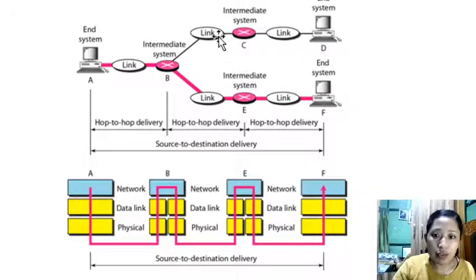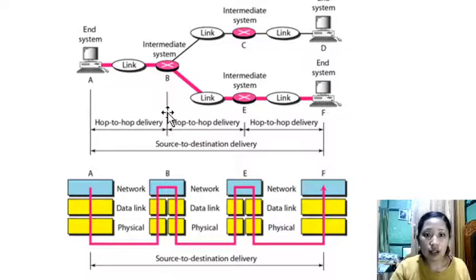Similarly, within this network the physical addresses of B and C will be unique, and within this network the physical addresses of C and D will be unique. But the physical address cannot be unique globally, because that is an address which depends on the manufacturer, and the manufacturer imprints that address in the physical card, the NIC card.